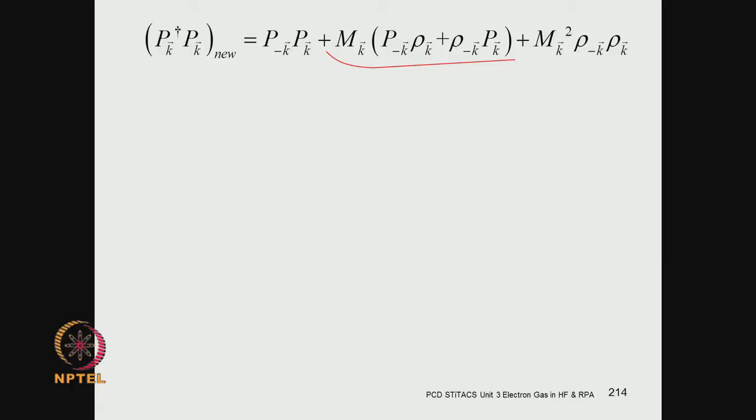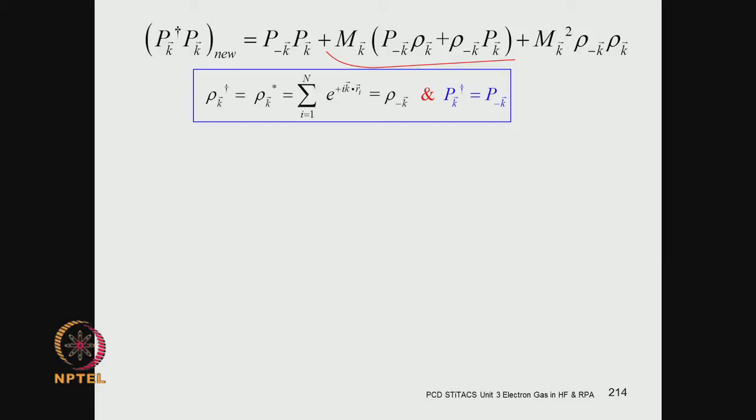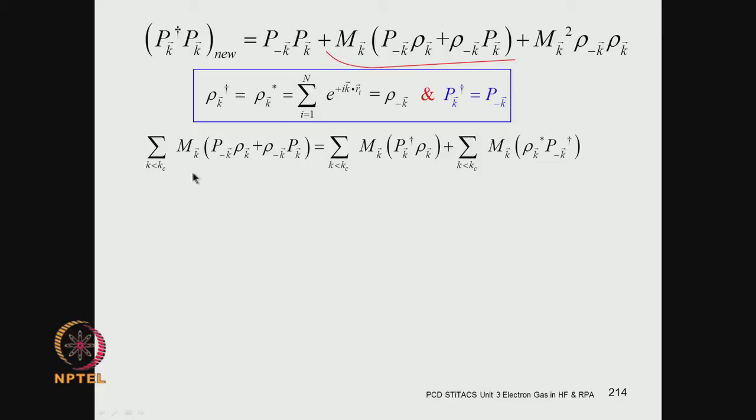So, you just have to follow the reasoning and how these terms are handled and not worry about taking down notes, because all of this information is available. Here you have to find what this middle term is, and you will have to sum over k for k less than kc. This is the summation that you have to carry out.